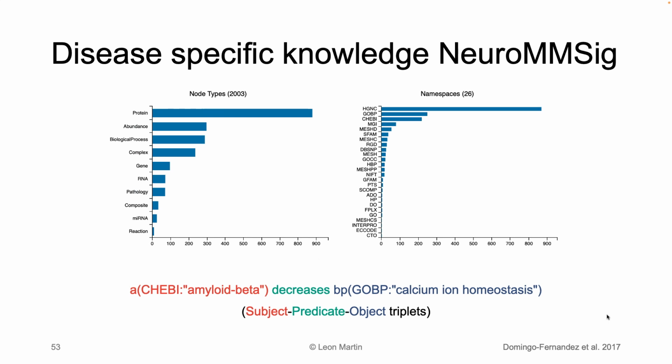And yeah, this is like the biological expression knowledge. As you can see, you have the subject, predicate, object, and this is like chemical compounds, for example, biological processes, and those could be also then defined as an abundance or a biological process, or as a protein or a chemical.